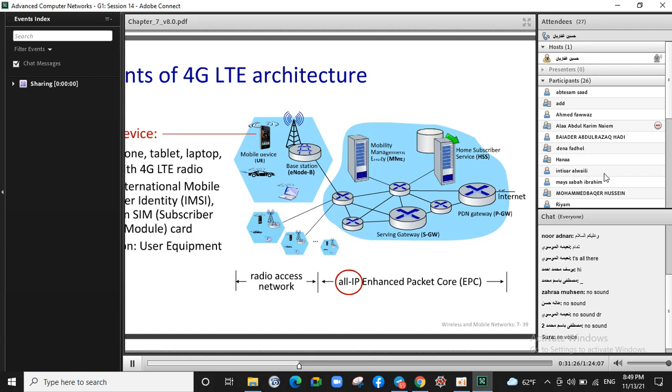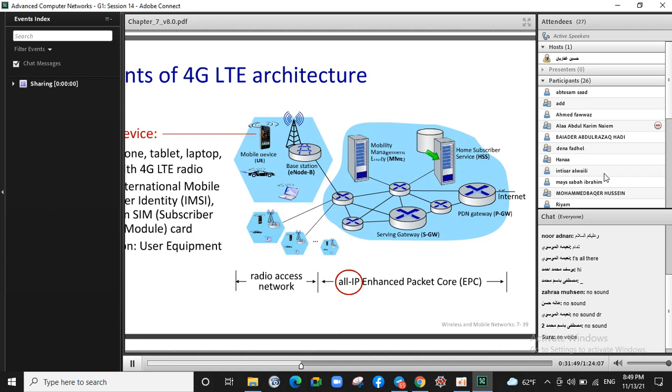And at the same time, you can see two other main servers. Please remember these servers. One of them is the Home Subscriber Server, or HSS. Remember this server, the Home Subscriber Server. Why should we remember this? Look at this database.